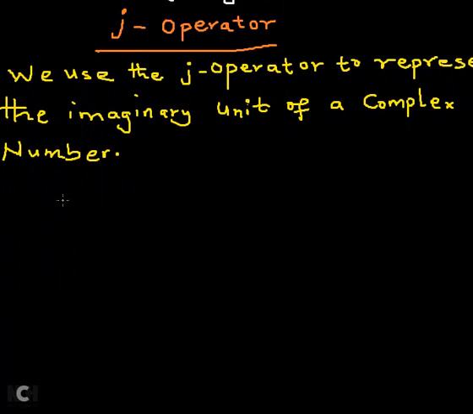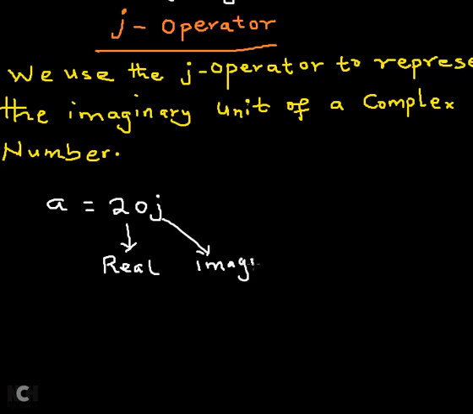Let's say a complex number A is equal to 20 plus J. Discover that the 20 is the real number, while the J is the imaginary unit of the complex number.